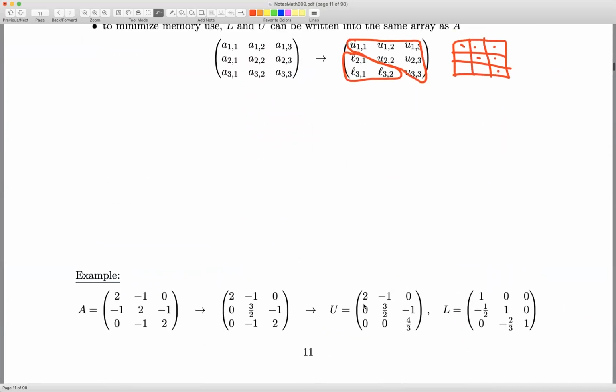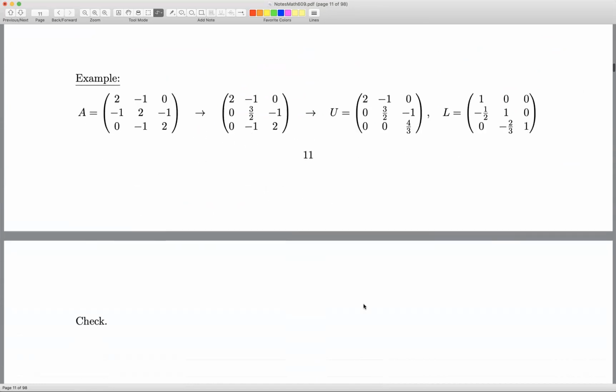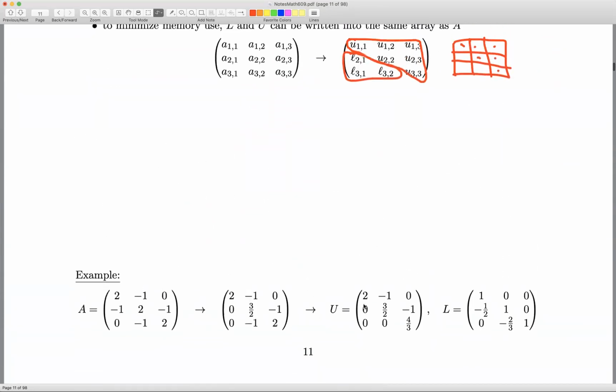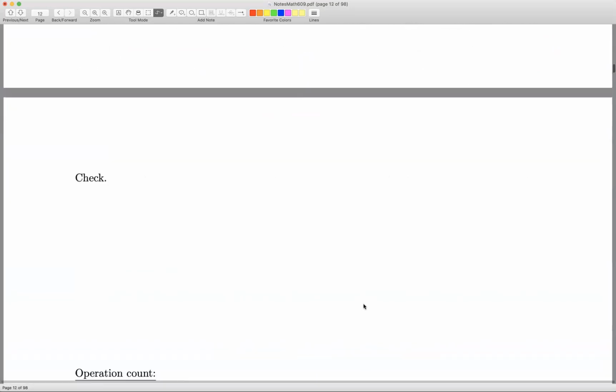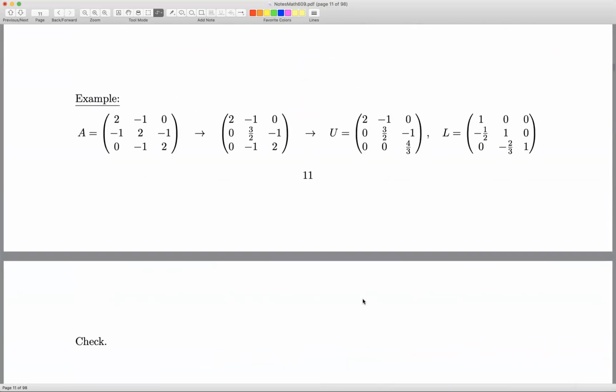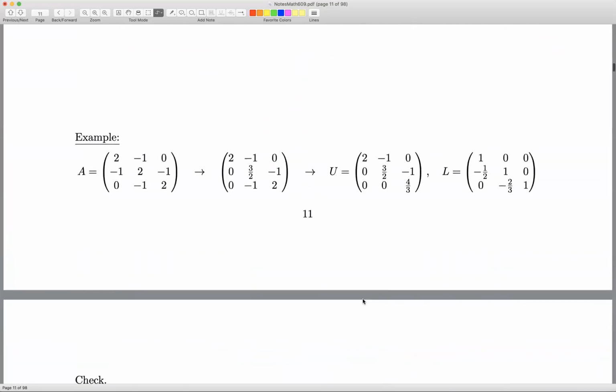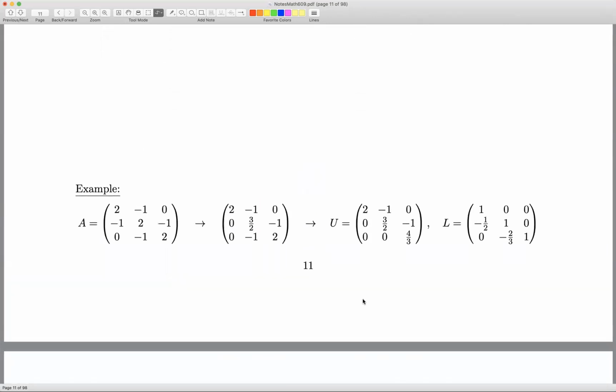And now we'll do some simple example as to how we perform Gauss elimination. So we start with this matrix, and what we need to do, first of all, let me do it independently of what is written here.